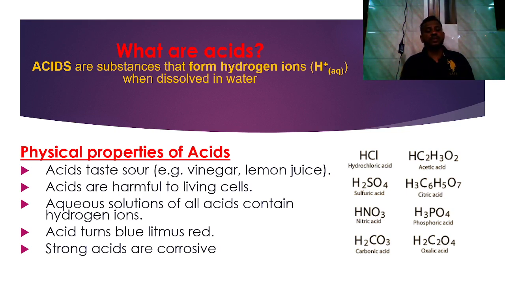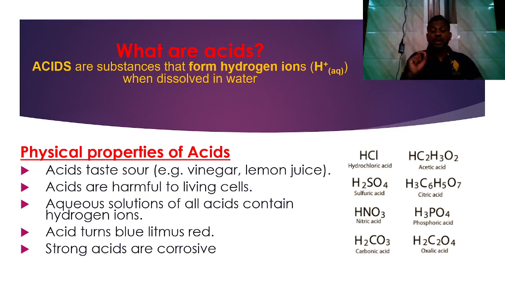The second important thing is that acids are harmful to living cells. For example, which acids are very harmful to the cells? One is hydrochloric acid when it is concentrated, sulfuric acid, H2SO4. Here I am not going to use the molecular names, just the formulas.